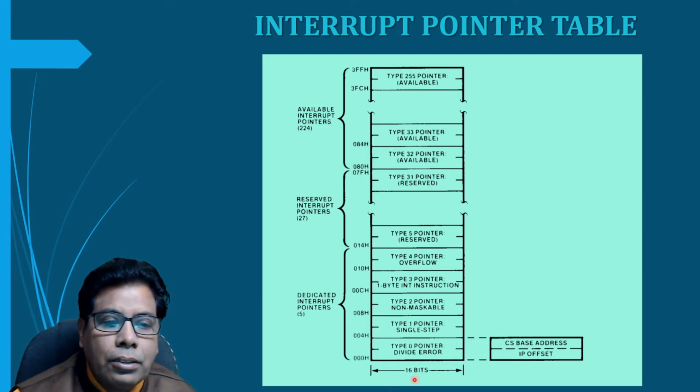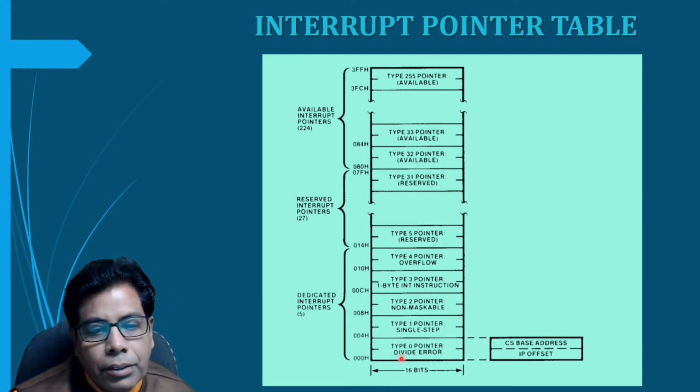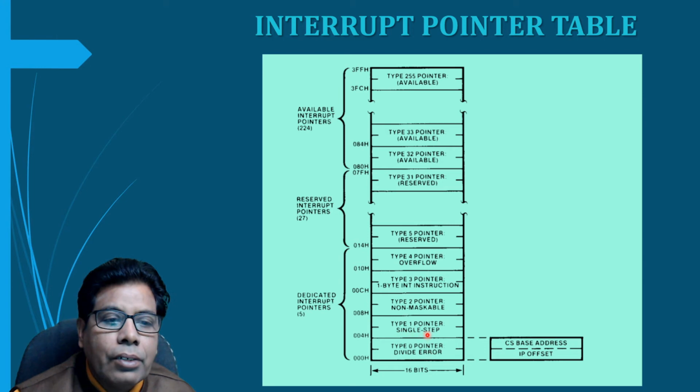So here type 0 is nothing but divide error, type 1 is single step, type 2 is non-maskable, type 3 is for the 1 byte INT instruction, type 4 is overflow, say overflow flag, and type 5 is reserved.